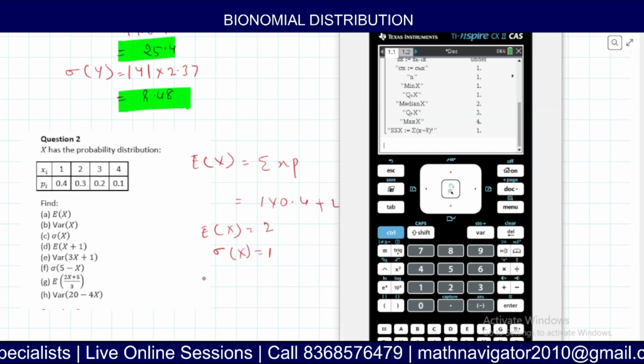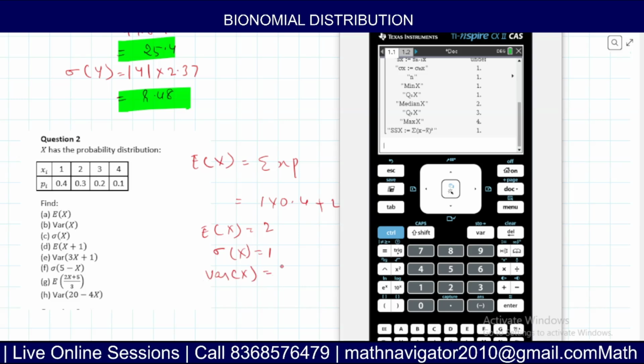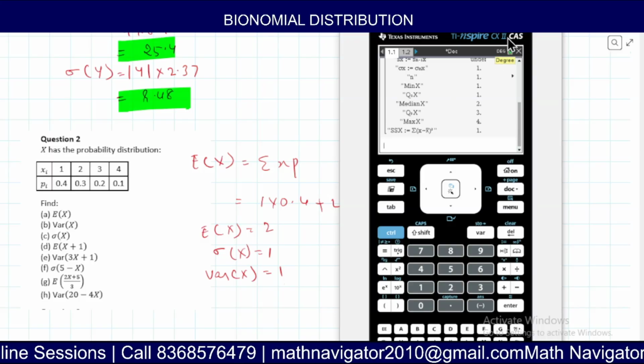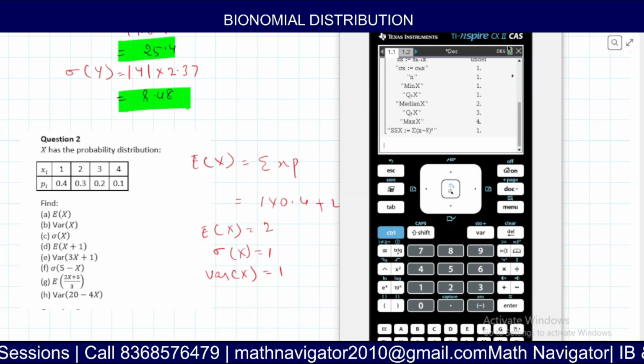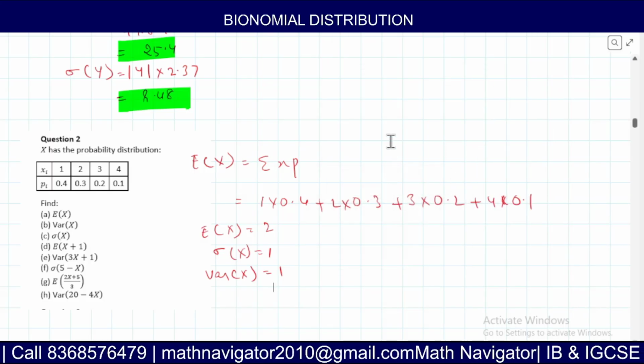And then variance of X will also be 1 because it is the square of it. So this is how we will do it.